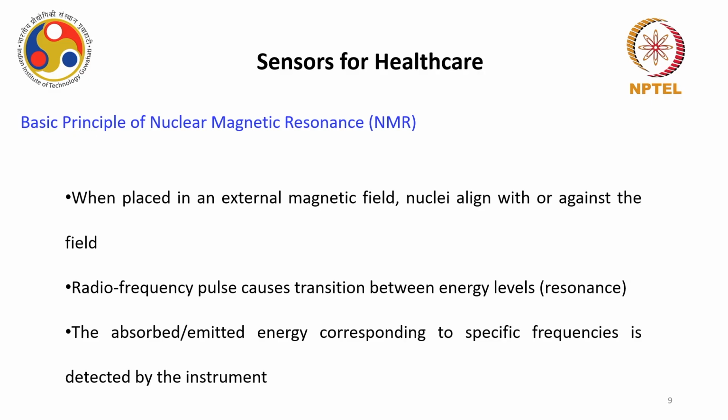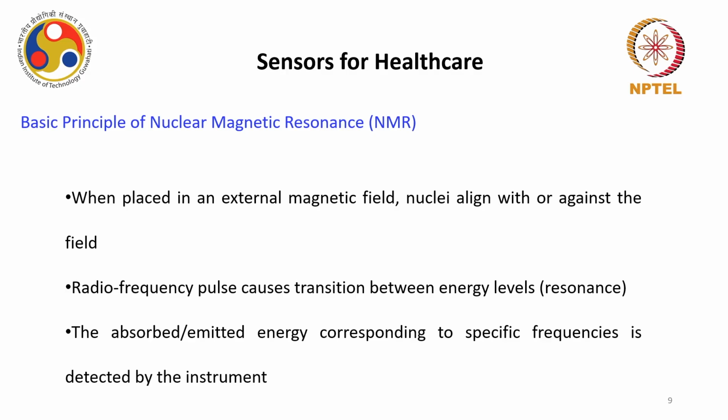The basic principle of NMR is that when these elements are placed in an external magnetic field, nuclei align with or against the field. Radio frequency pulses cause transitions between energy levels. At this point you can say that these nuclei are in an excited state, and it resonates with the external magnetic field.